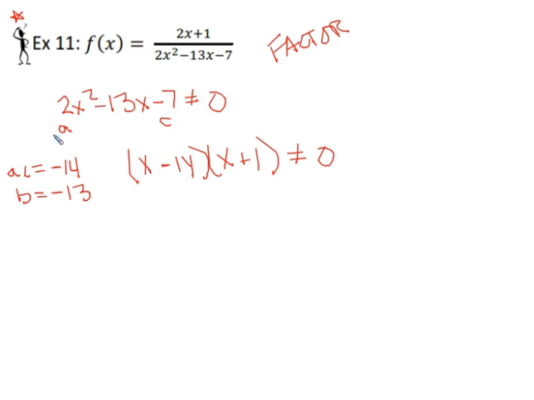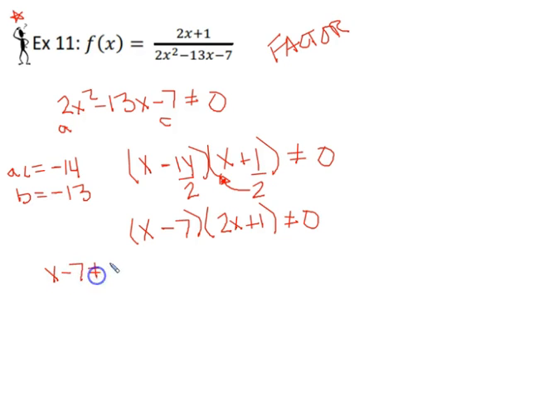But again, since this did not begin with a 1, we need to bring this number 2 into play. We're going to divide both of our numbers by 2. This one simplifies to -7, whereas this 1/2 does not, so we can move the 2 out front. So if we think about our two factors, either x minus 7 cannot equal 0, or 2x plus 1 cannot equal 0.